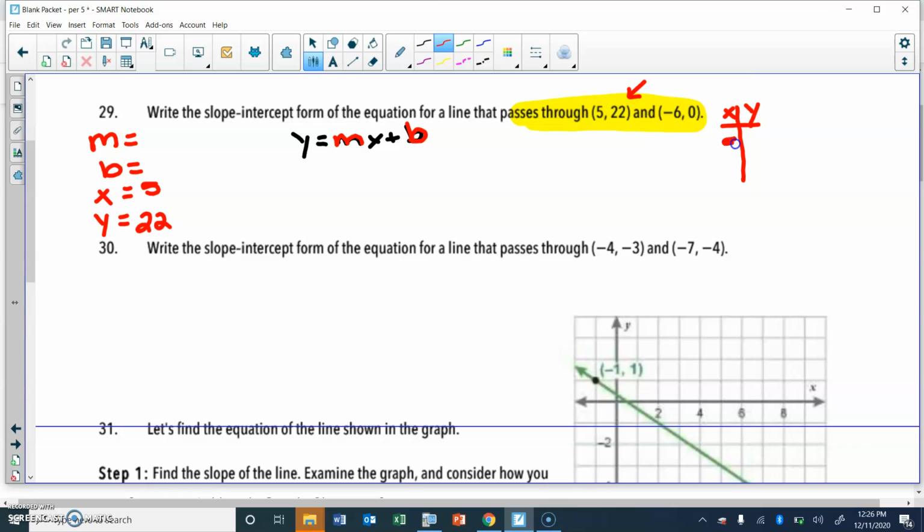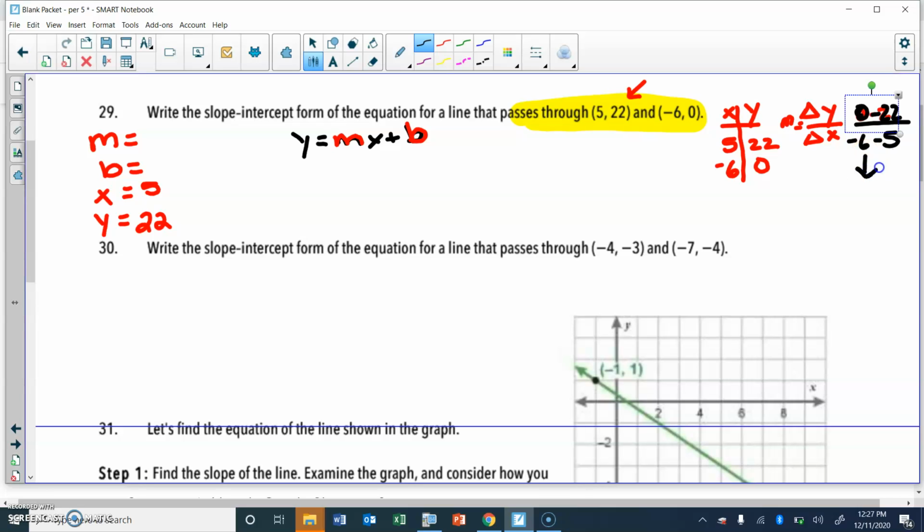Put your 2 points in. Okay, you're going to do change in y over change in x. All right, so the change in y is 0 minus 22, all over the change in x, which is negative 6 minus 5.